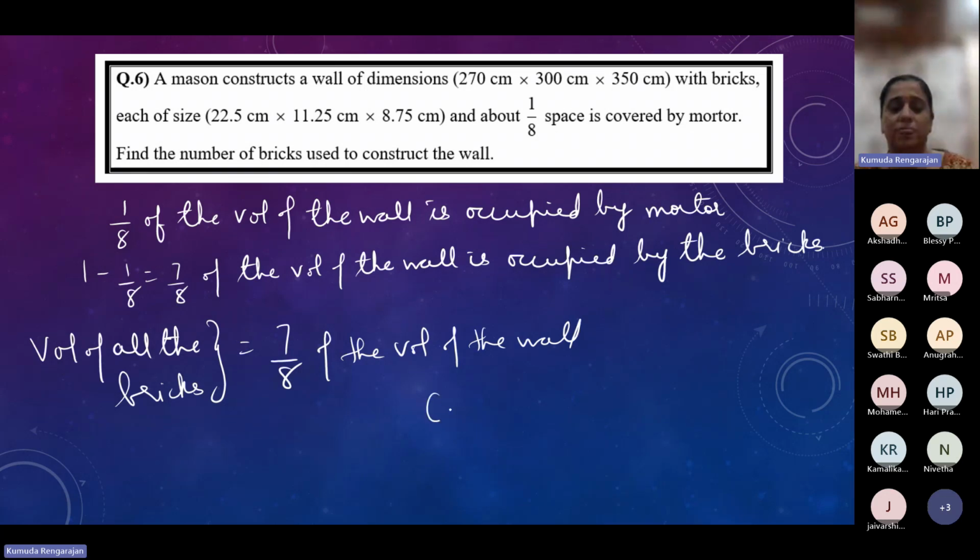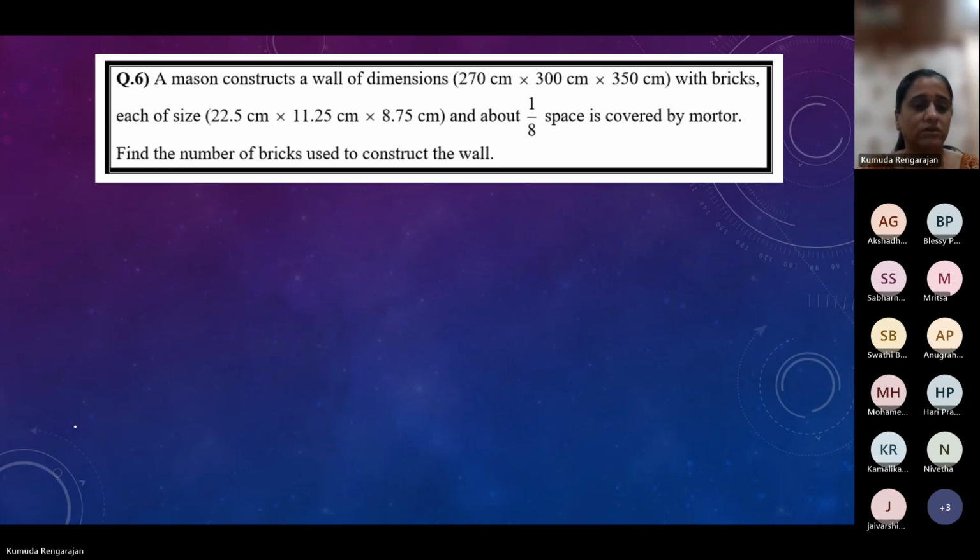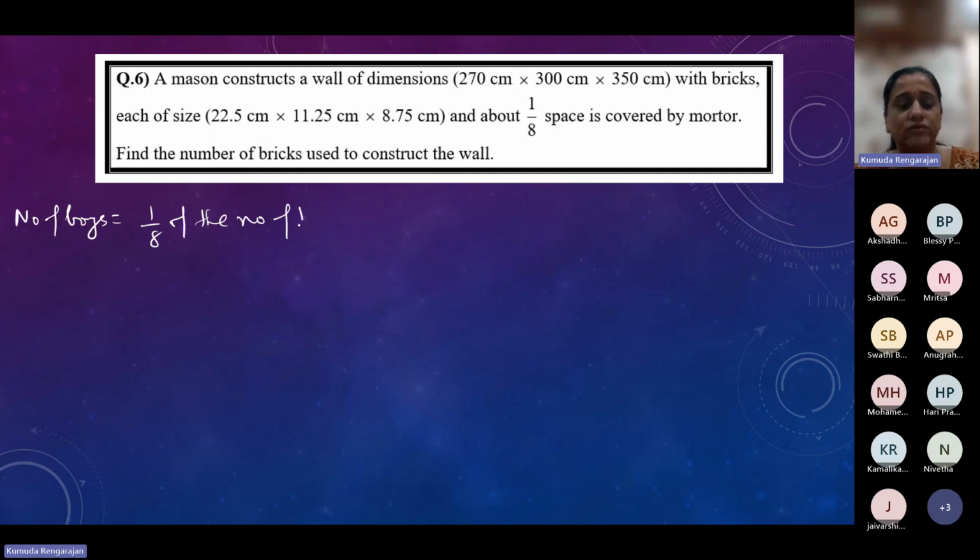It's like a class, and if 1/8 of the class are boys, then 7/8 of the class are girls. Number of boys is equal to 1 by 8 of the class, of the number of students in the class.